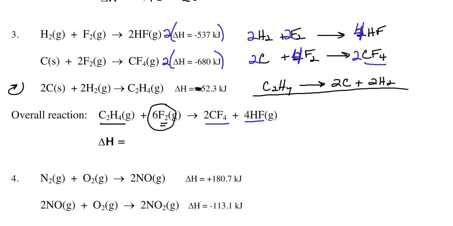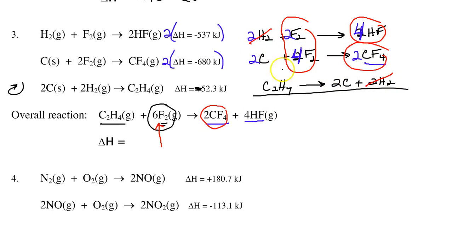And then we see what we have here: 4 plus 2 gives me my 6 F2s. 2 CF4s for my products, 4 HFs, and everything else better cancel. And lo and behold, two H2s, two H2s, two C's, two C's.